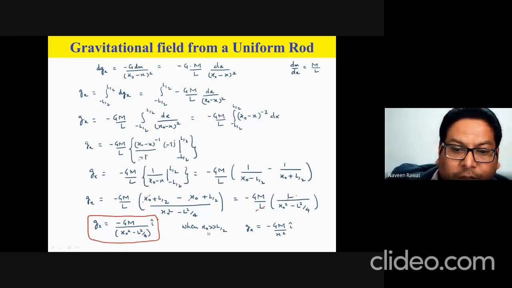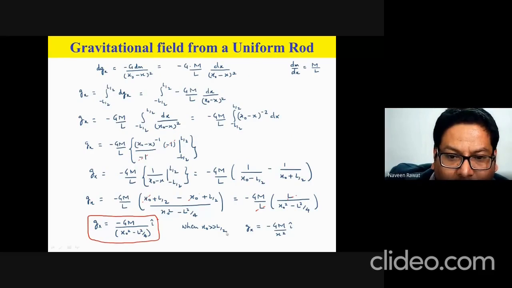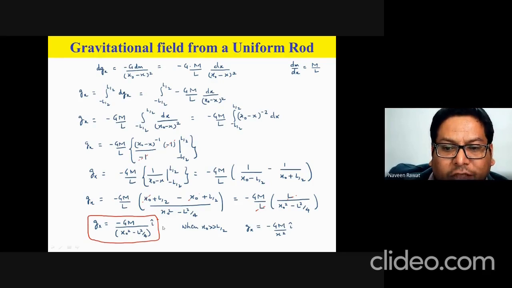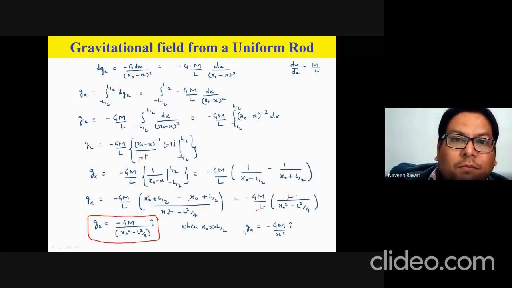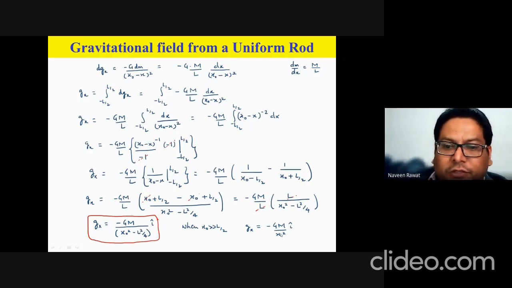So we can substitute that x0 is much, much greater than L by 2. Then basically you are ignoring the second term, and you again get minus GM by x square. So again you get the right expression: the rod behaves like a point mass if you are considering the effect at a very, very far away distance.